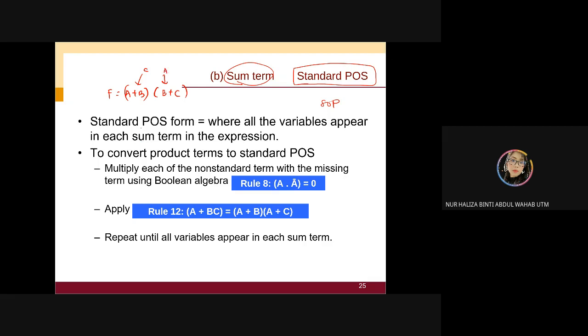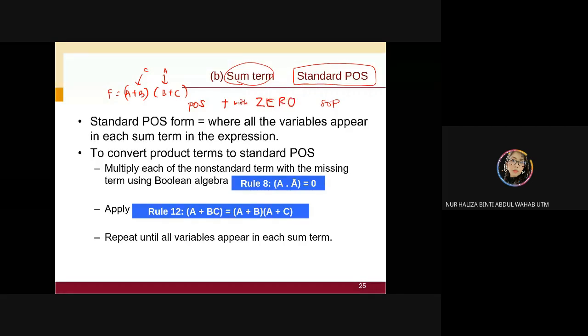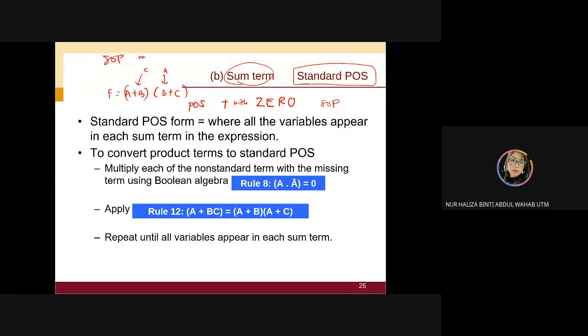How to do the standardization for your POS? You need to add with 0. Last time for SOP, you need to multiply with 1.